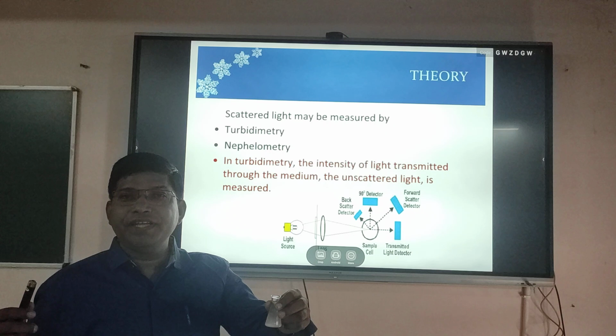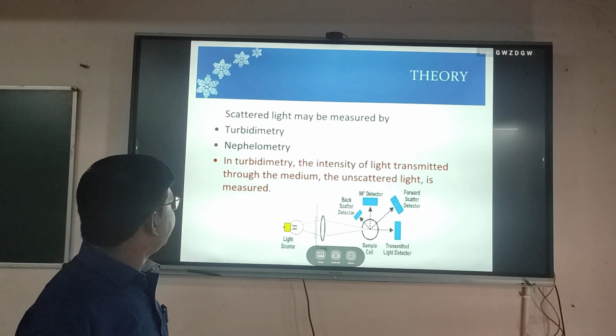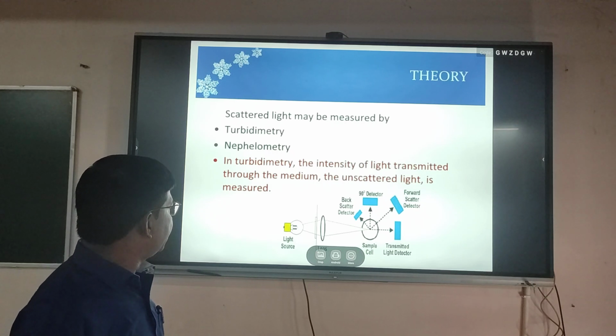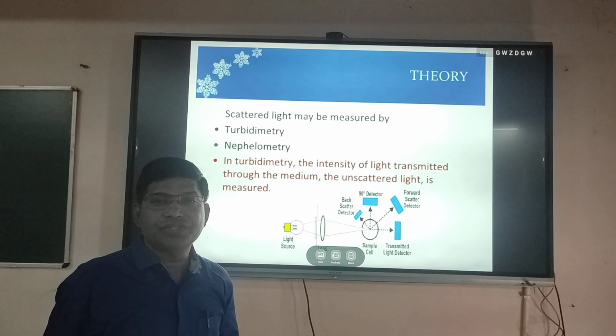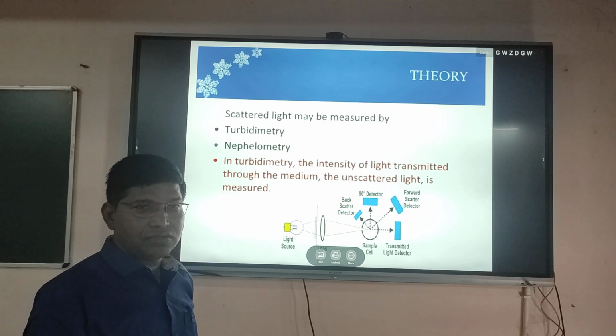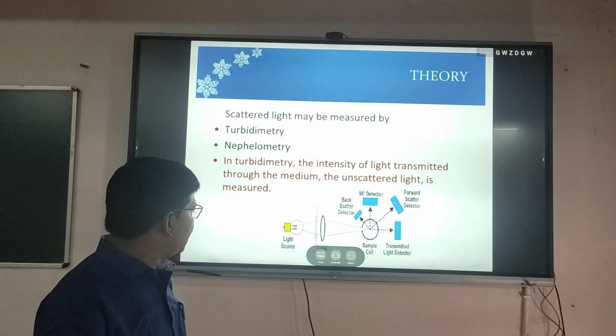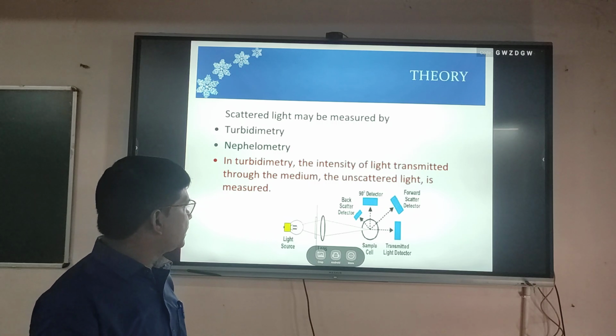Then what is the difference between nephelometry and turbidimetry? In turbidimetry the intensity of light transmitted through the medium, the unscattered light, is measured. Suppose in turbidimetry, if you want to see the principle, here we have the light source in the form of visible light, and here we will put our sample.